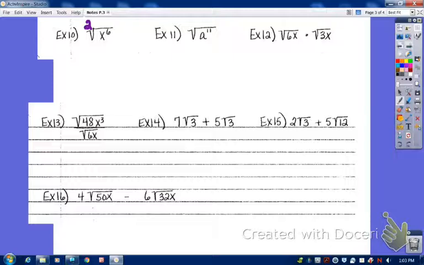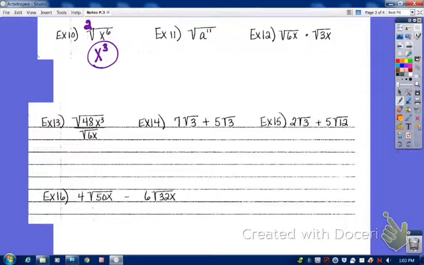So 2 goes into 6 3 times. So x to the third is the square root of x to the 6th. Let's think about that. So that must mean x to the third times itself 2 times is x to the 6th.